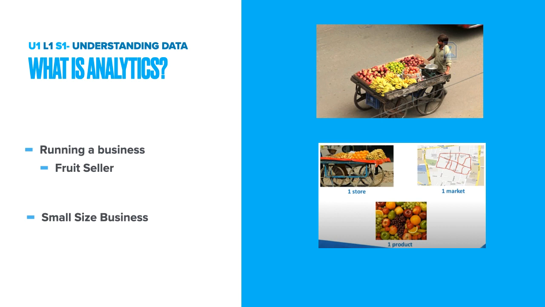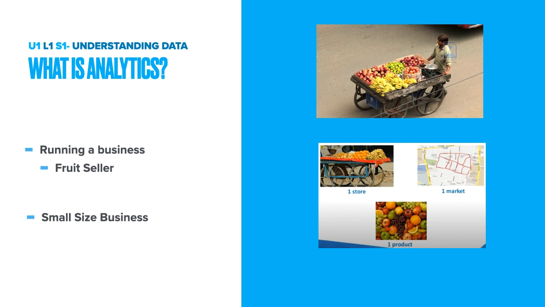He has done competitor mapping. He has studied the behavior of the customers. He understands demographics, why he has picked this market. So, in a way, he's a smart vendor who may be a school dropout, but he's using analytics and he's using that in his business.